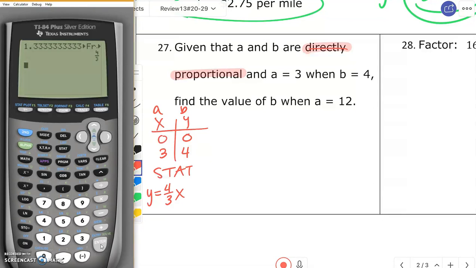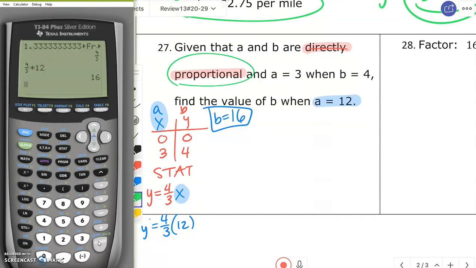I'm then going to use the fact that my a value is the same thing as x, plug that in, and say, okay, that means I want to do 4/3 times 12 to get what my y/b value is, which is going to get me the b value equal to 16, because I'm going to do 4/3 times 12 and get 16.